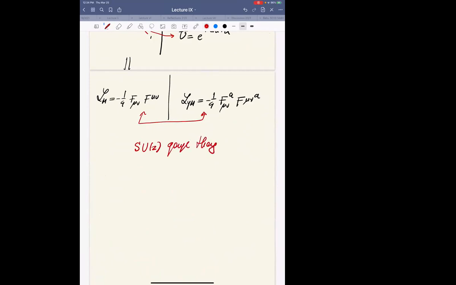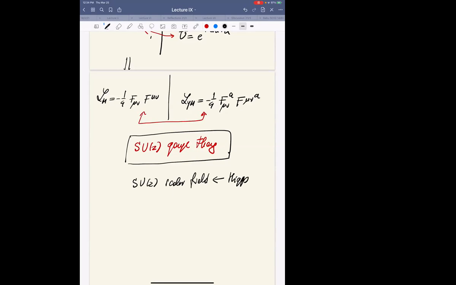Let's go to the Higgs immediately. We can come back to the Nambu-Goldstone picture. So I need the SU(2) gauge field and the SU(2) scalar, the analog of the Higgs.